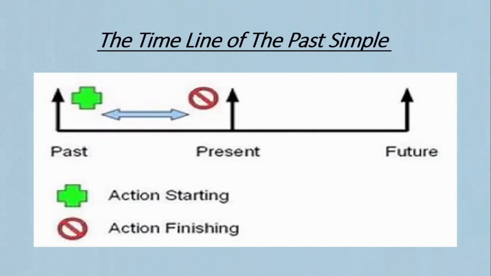This is the present time now, and before now, this is the past, all the past, and after now, this is the future. The verb started at the green point and ended at the red point, all from the very beginning till the very end, the verb started and ended in the past. It ended, completed, wholly, completely before reaching the present time or before reaching now.